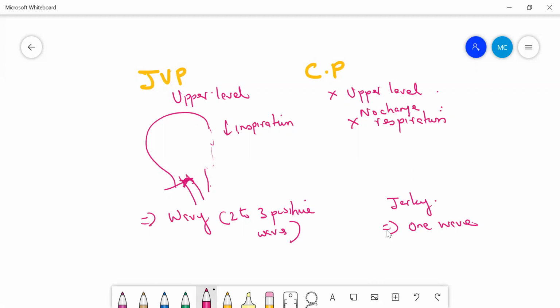And similarly, here there are 2 descents, the X and the Y descent, and here there is only one descent.